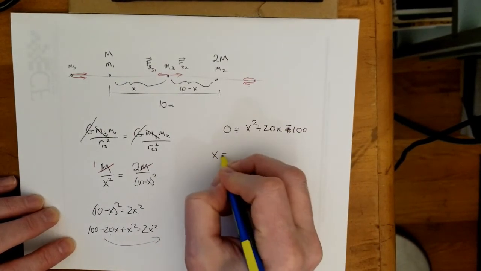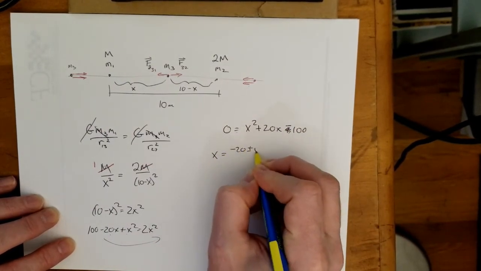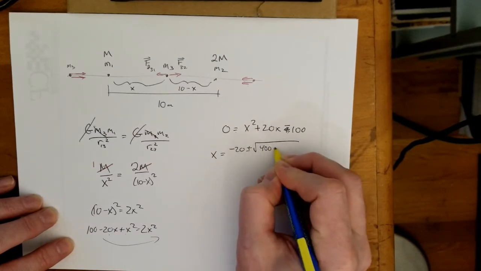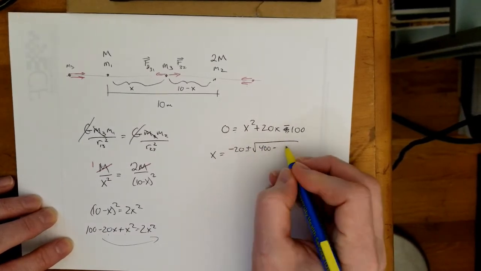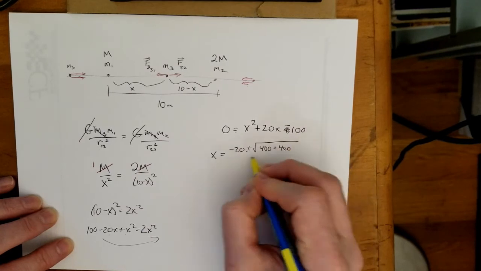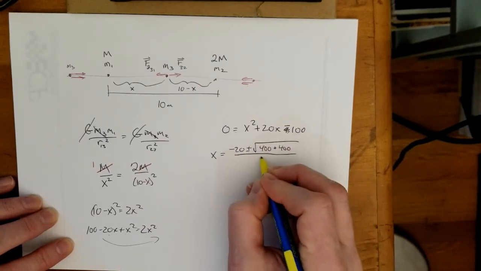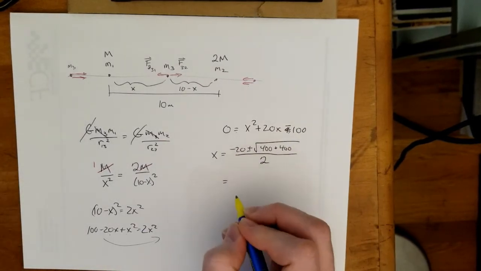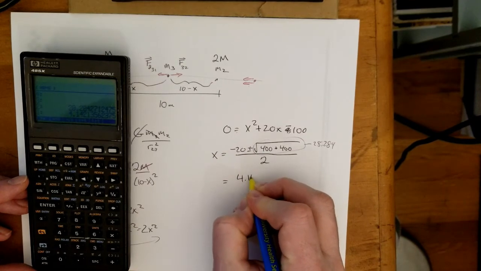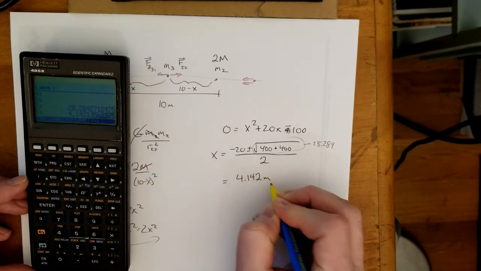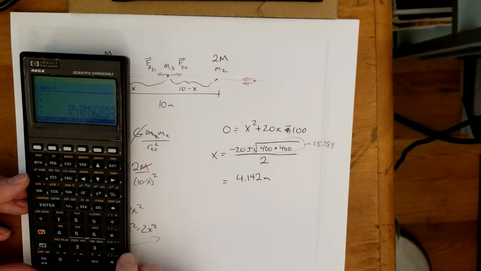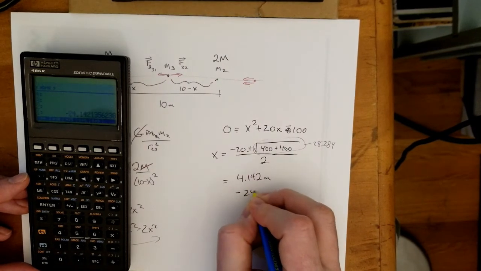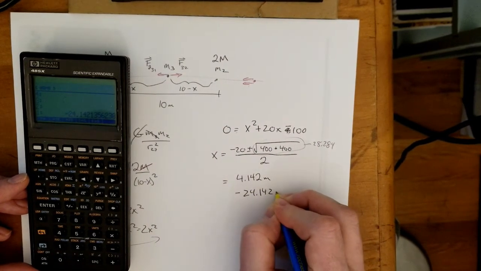And so x is equal to negative 20 plus or minus the square root of 400 minus 4ac. So that would be plus 400, over 2. So one of my solutions is 4.142 meters. And the other solution, negative 24.142 meters.